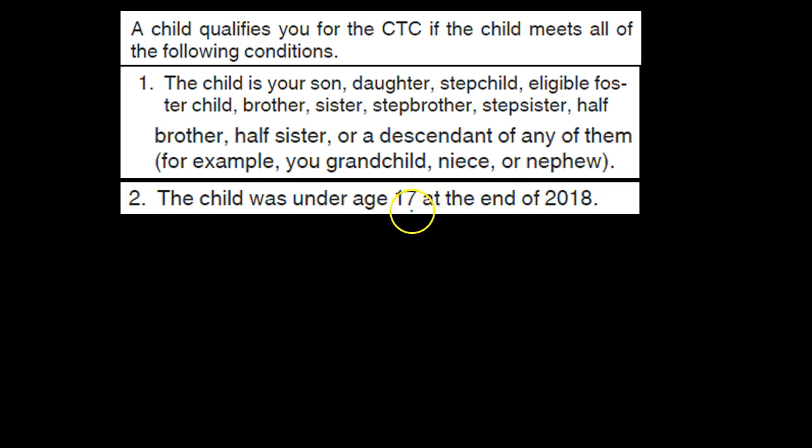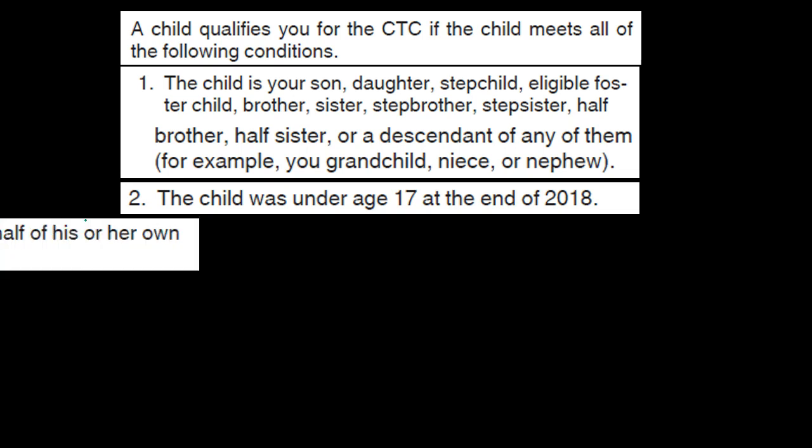Note that this is a different requirement than the requirement to be a dependent, because it's possible to be a dependent and not a qualifying child. So we'll talk a little bit about that later. In other words, if they're older than 17, then you may not get the child tax credit, but they still may qualify as a dependent and may qualify for the other dependent credit.